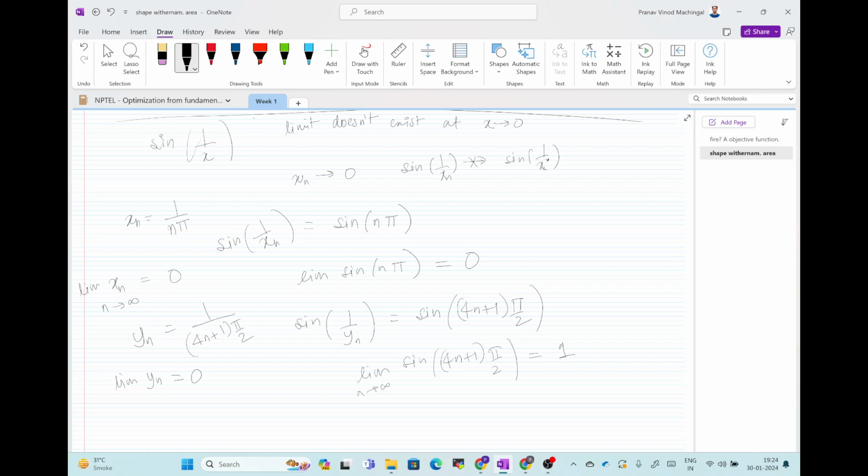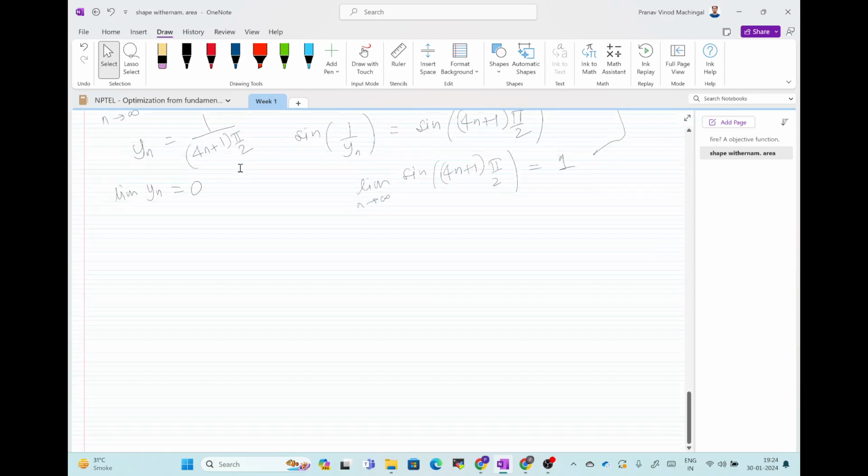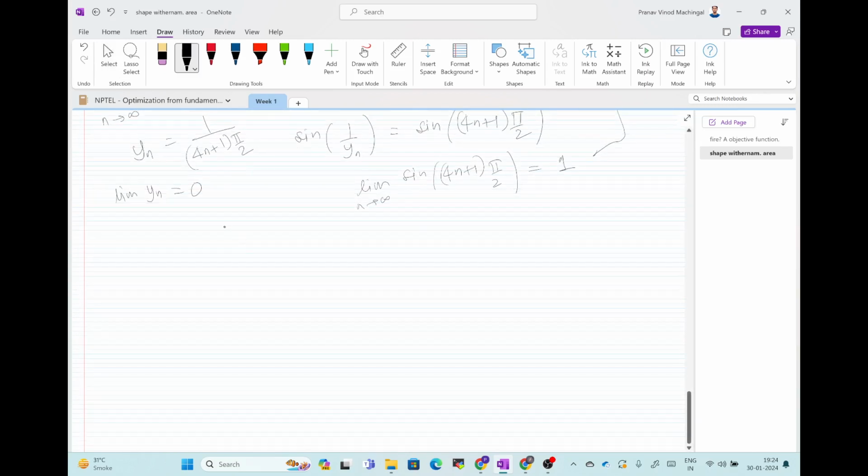So you have different limits. So you can say the limit doesn't exist in this case. But what about when f(x) equals x sine 1 by x?